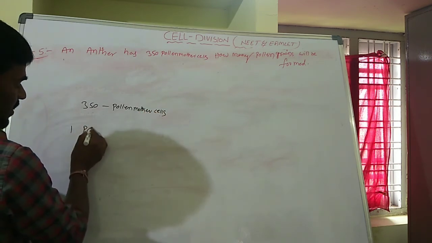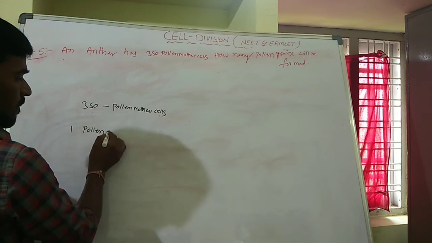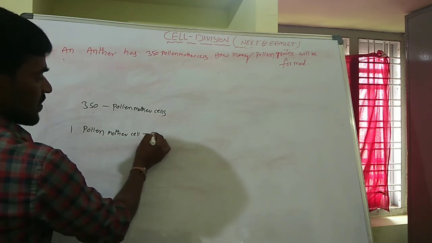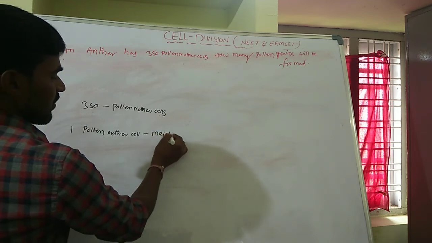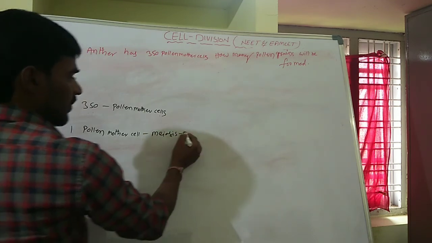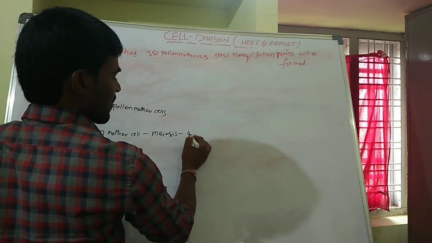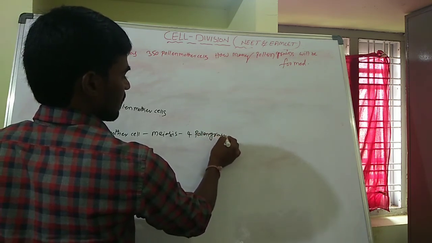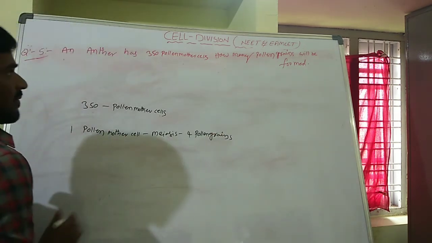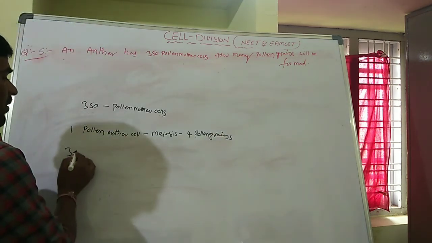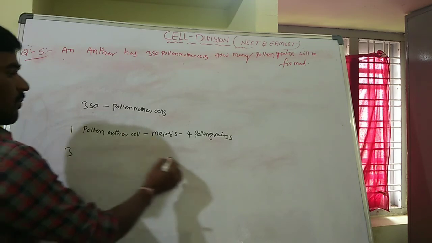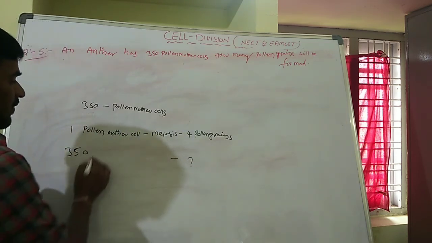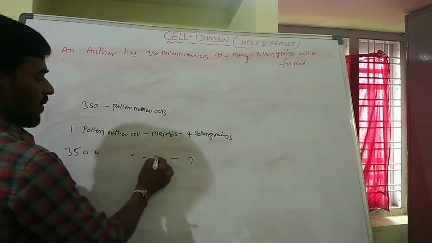One pollen mother cell is involved in which division? Meiosis division to form pollen grains. How many pollen grains? 4 pollen grains. How many pollen grains will be developed from the 350? This is the question. 350 pollen mother cells are involved in meiosis division.